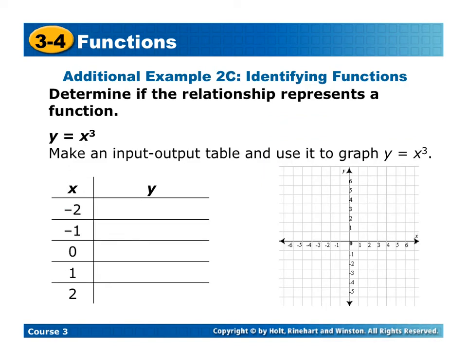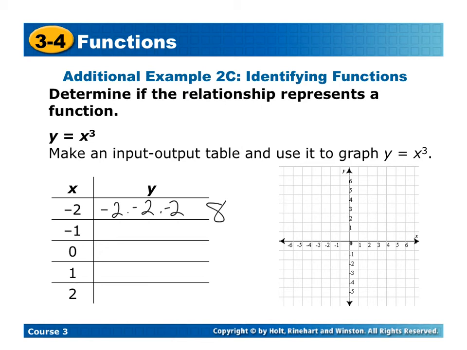So now we're going to graph using an equation, make a table, and then graph to determine if it represents a function. Here we have y equals x to the third. My y value here is -2 to the third, which would be -2 times -2 times -2, which is really 2 times 2 times 2, which is 8.